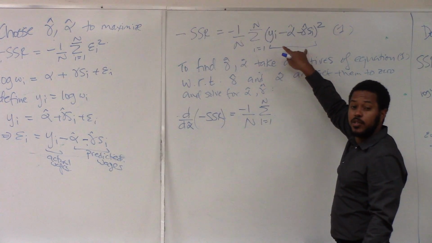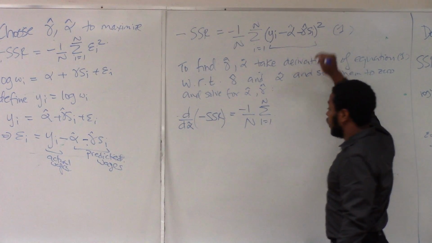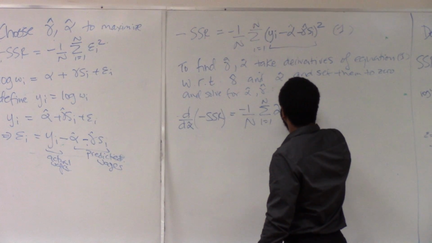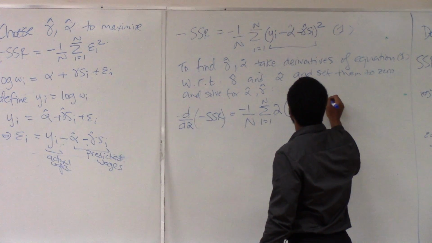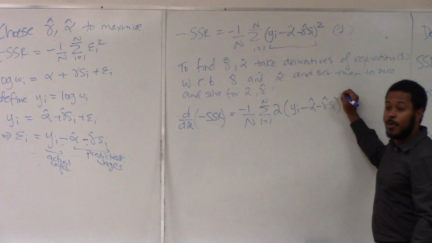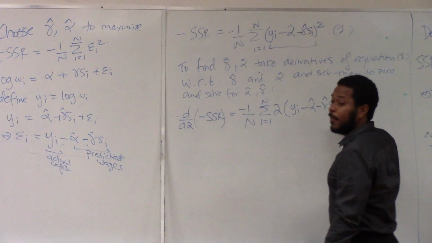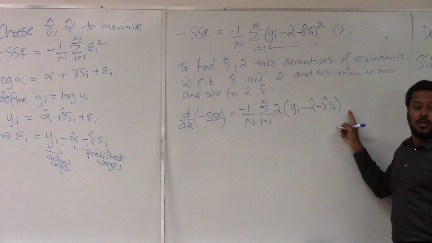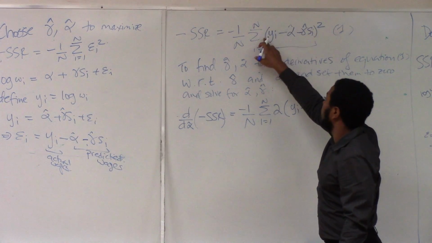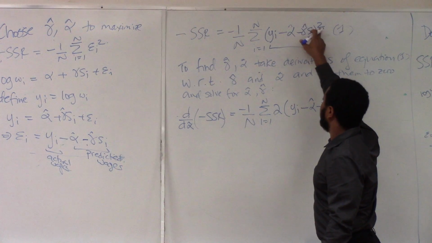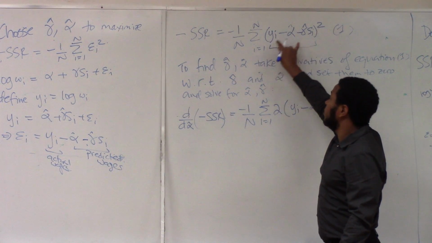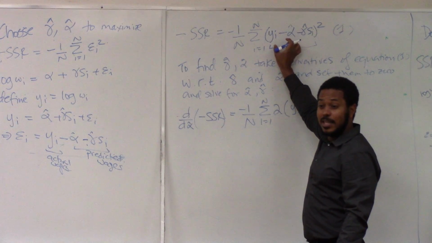So we have this quantity here squared, so we need to take this 2 and do what? To bring it down. So we get 2 times yi minus alpha hat minus gamma hat si raised to the power of what? Raised to the power of 1. And then we have to multiply by what? Then we have to take the derivative of the inside, right? Because the chain rule says we take down the exponent, reduce this exponent by 1, and then multiply by the derivative of what's on the inside.